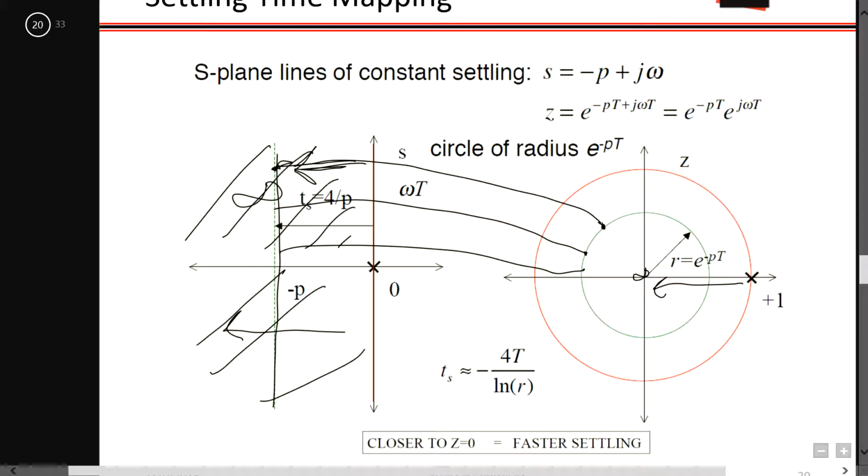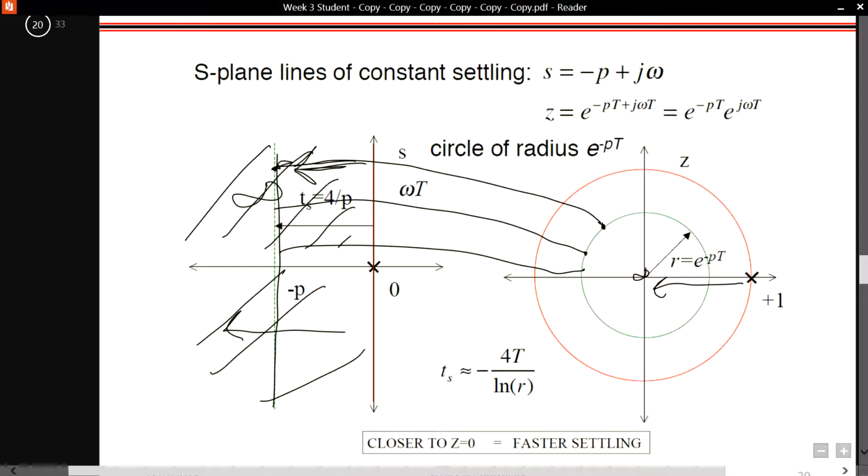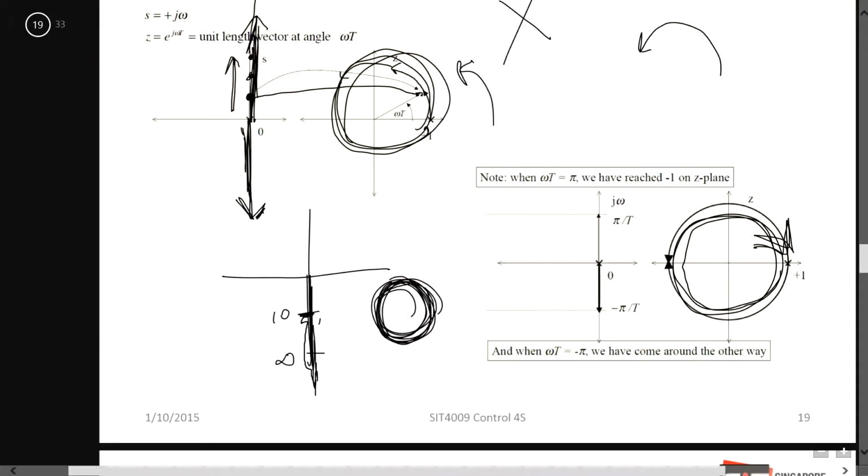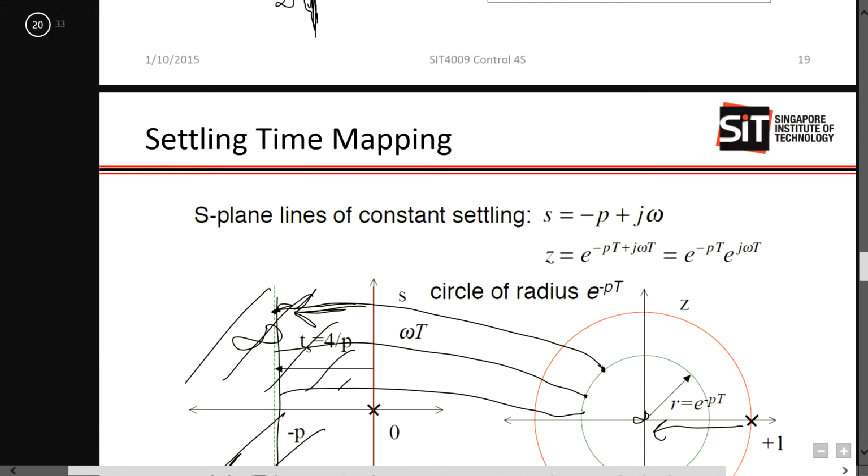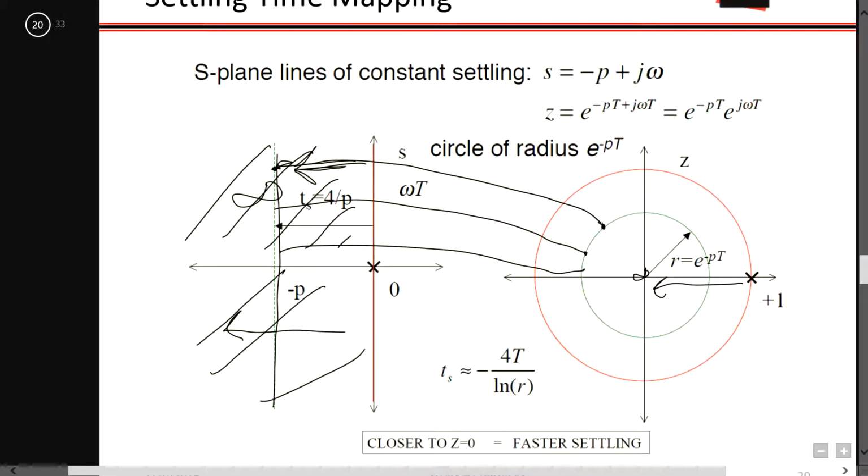Just now we talked about drawing the circle, where we're only talking about the imaginary axis. Now we're going to talk about the interactions between both axes. The more you go in terms of imaginary and real, the smaller your circle will be.